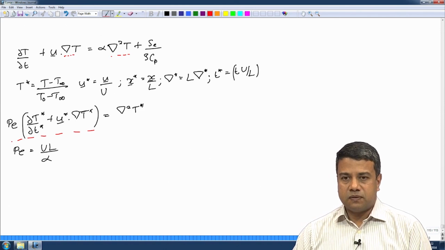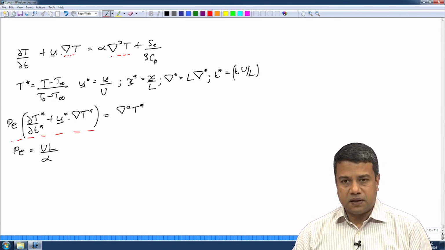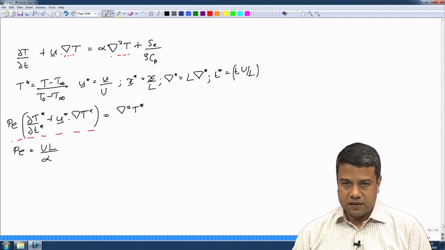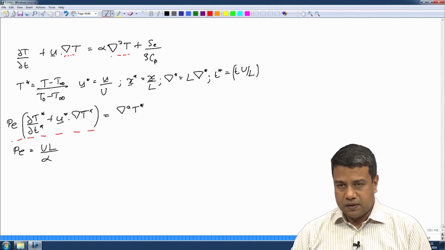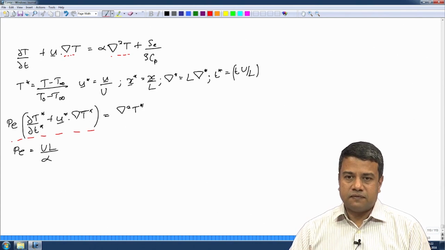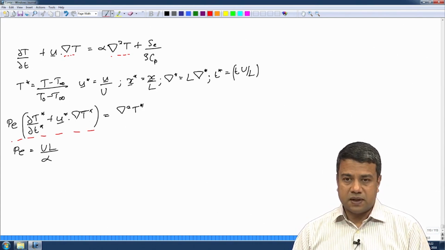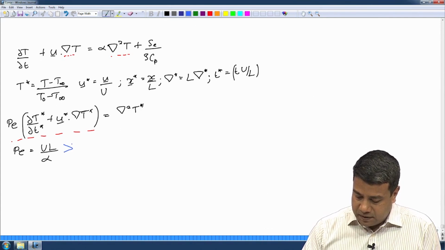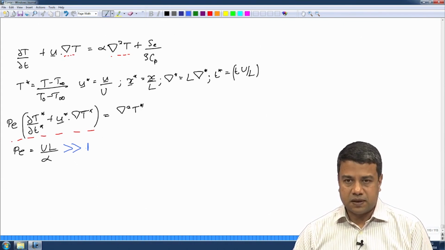And I had shown you how to get solutions of those equations. Typically you would get a solution either by separation of variables, in which you separate the variables in the three directions, or you can get it by assuming delta function sources and then integrating them out. And I had shown you that those two are actually equivalent to each other in the last lecture. In this case, we are going to consider the limit for the next few lectures when this Peclet number is much larger than 1.